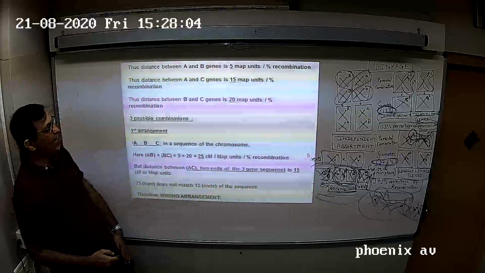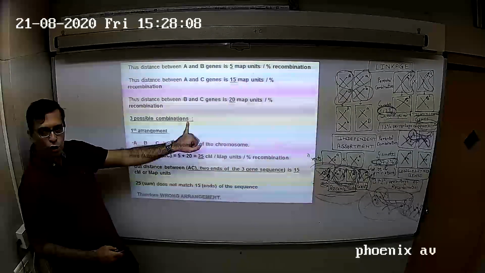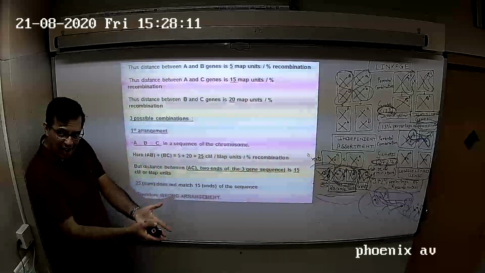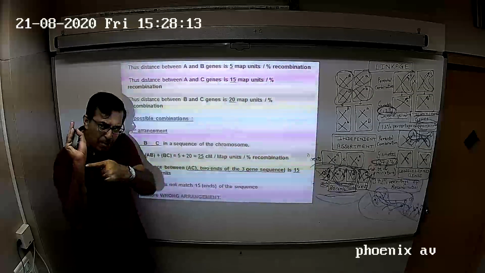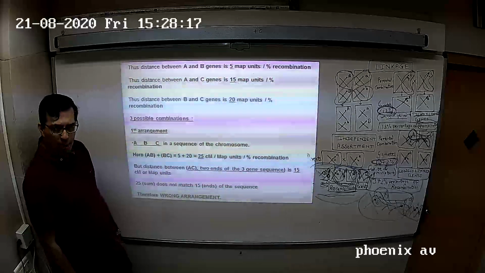So now check that. There are three possible combinations of the arrangement of A, B and C genes. Let's see which are these three combinations.